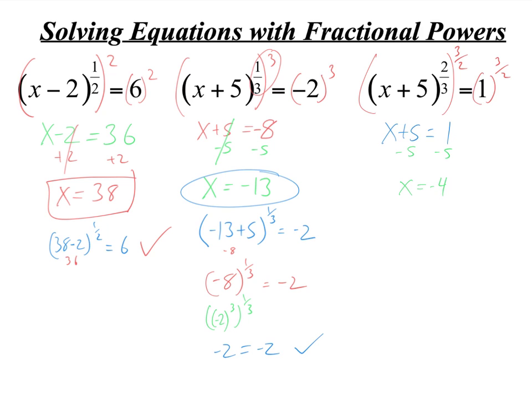X equals negative 4. Now, does that work? Let's see. Does negative 4 plus 5 to the 2/3 give me 1? That's a 1, right? Will 1 to the 2/3 give me 1? Yes, it does. We're good. So none of these had errors. All of them checked, did not error out. The key for all of these is thinking, how do you get rid of this fractional power?